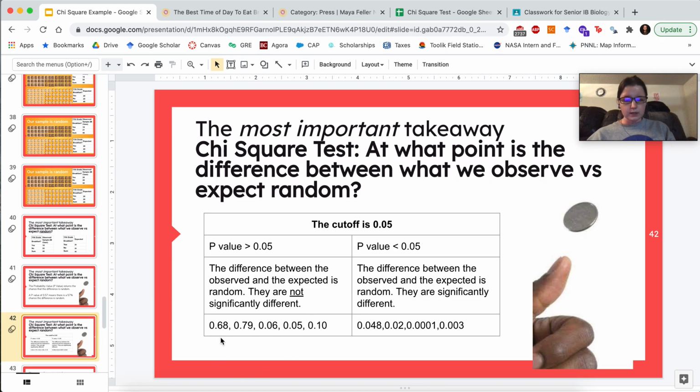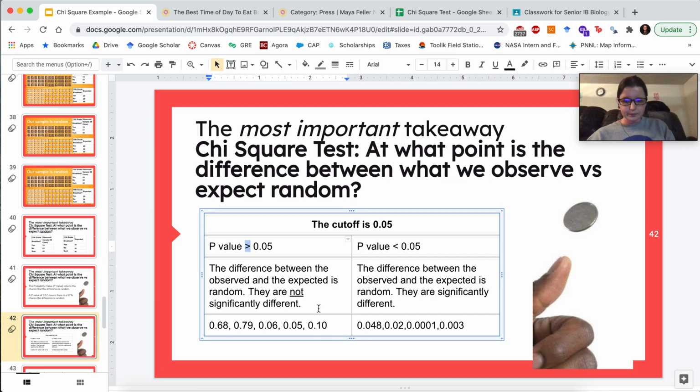So if it's 0.68, 0.79, even 0.06, or even 0.05, this should be a greater than or equals to sign. They are not significantly different, and the difference between the two groups is just random.